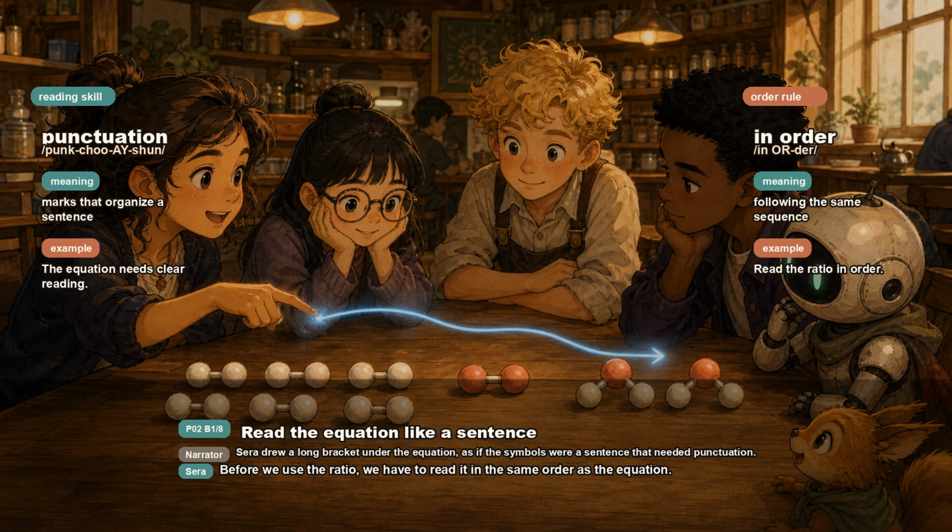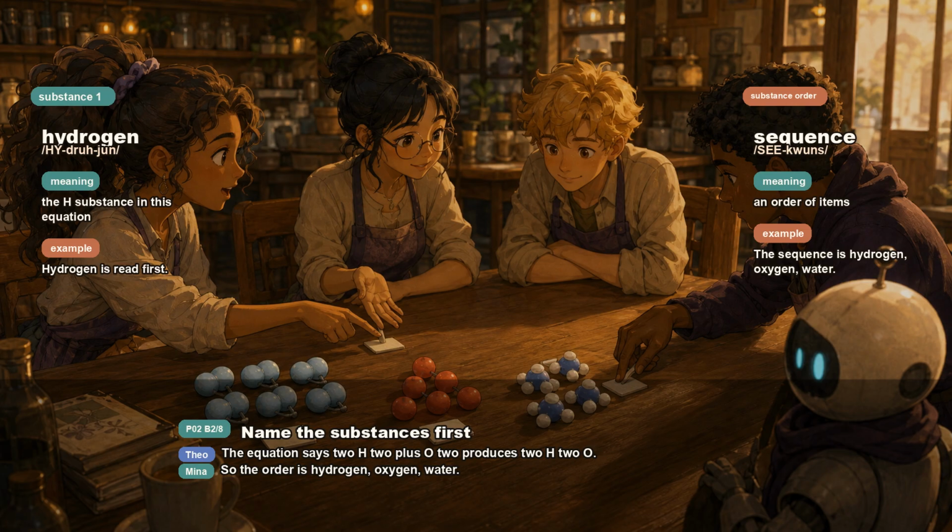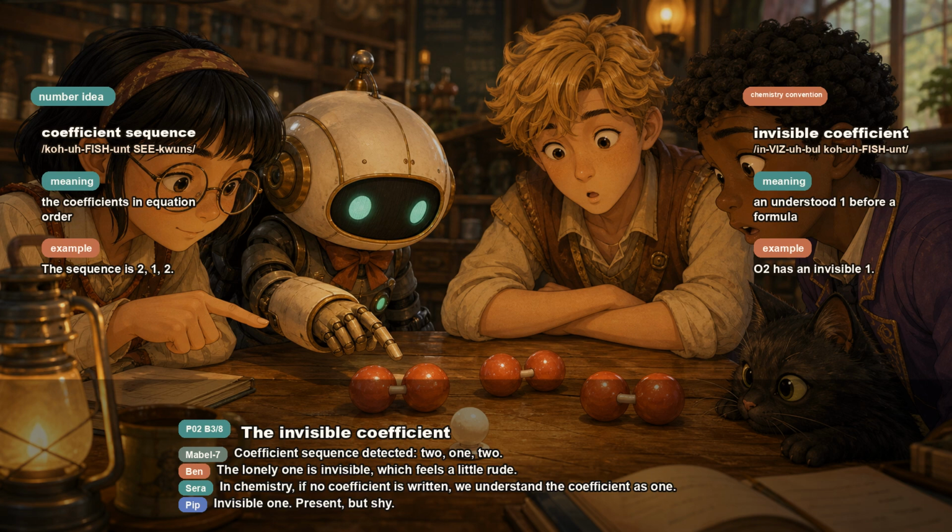Sera drew a long bracket under the equation, as if the symbols were a sentence that needed punctuation. Before we use the ratio, we have to read it in the same order as the equation. The equation says 2H2 plus O2 produces 2H2O. So the order is hydrogen, oxygen, water. Coefficient sequence detected. 2, 1, 2.